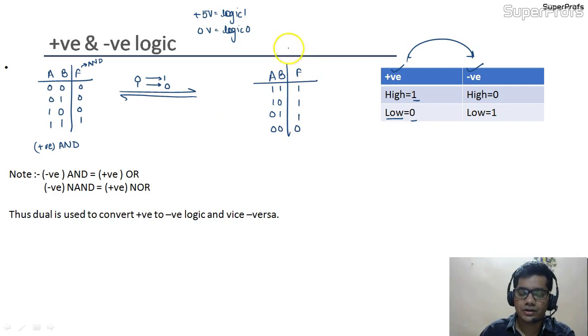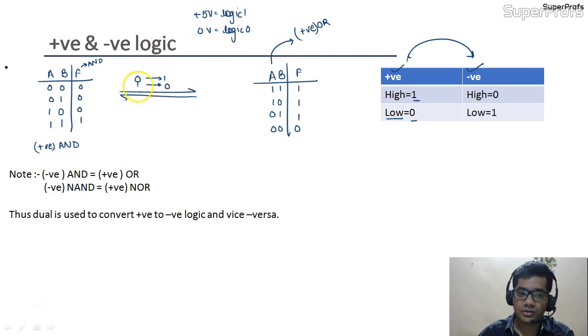Just look only at this table. What does this table resemble? You can see it resembles the positive OR. This is the positive logic of the OR operation, because for 1 1 the output is 1, for 1 0 the output is 1, for 0 1 the output is 1, and for 0 0 the output is 0.